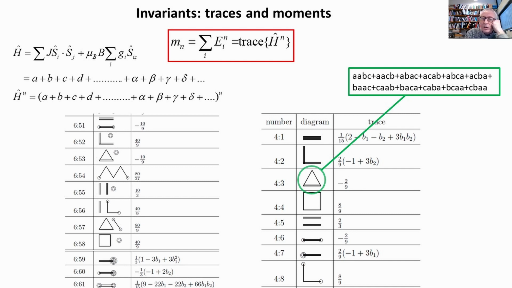But there are also other invariants, namely the sum of all energy levels, all eigenvalues squared, all eigenvalues cubed, and so on. And these are also invariants. And these invariants are the important ones in the following. And how can we use them simply in the following?